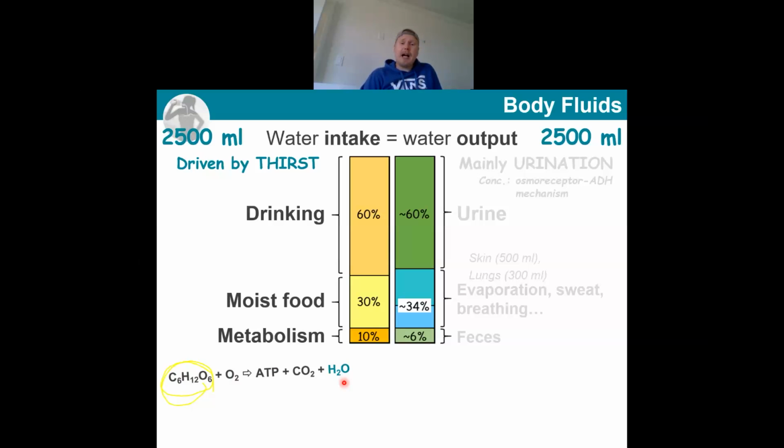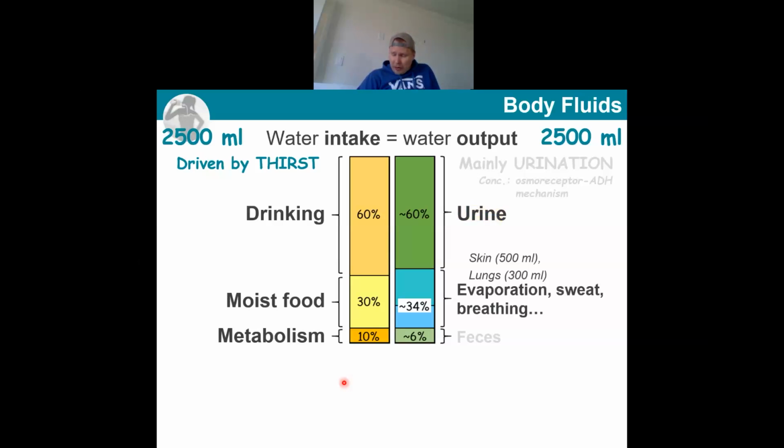But I was asking, how do we get rid of the water? Well, most of it we get rid of as urine, just slightly less than 60%. There are a few other routes, some through evaporation, sweating, and breathing. So there are different processes that play a role there. And of course, a little amount through feces. But it is really driven by the need to urinate.